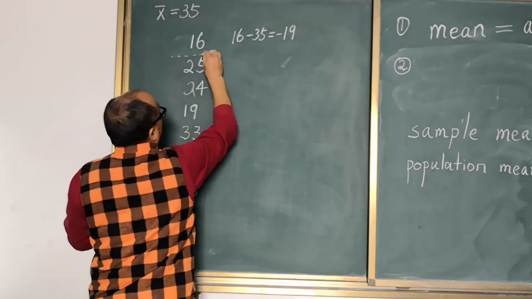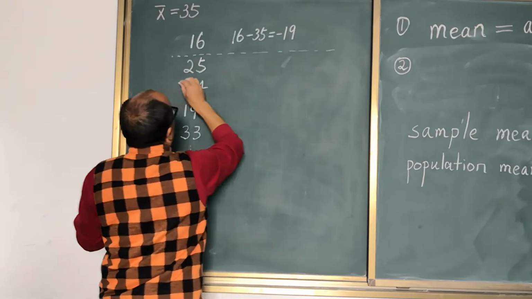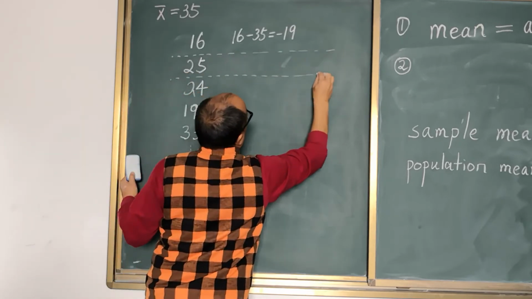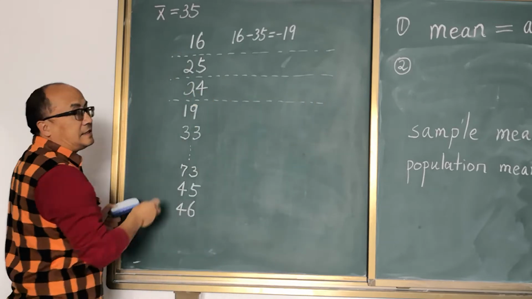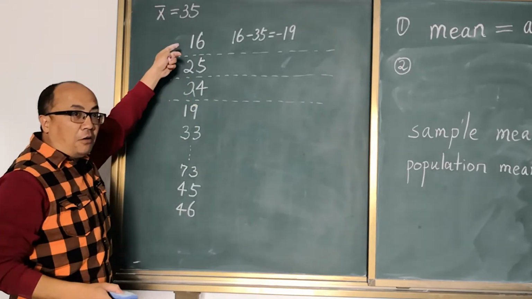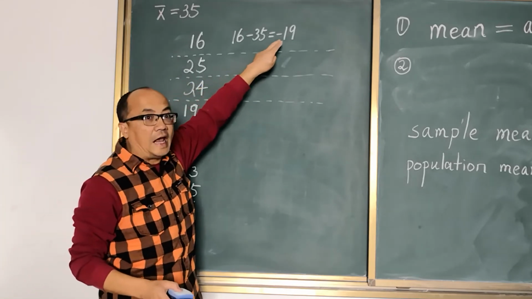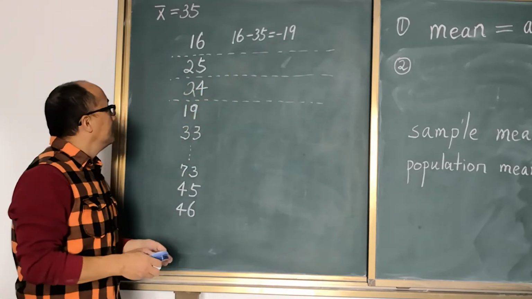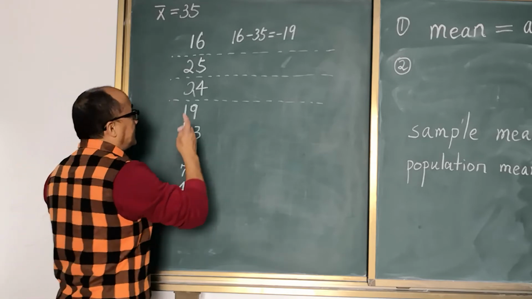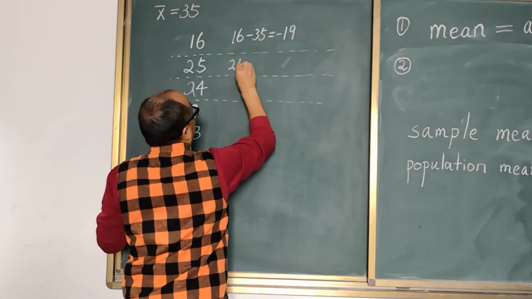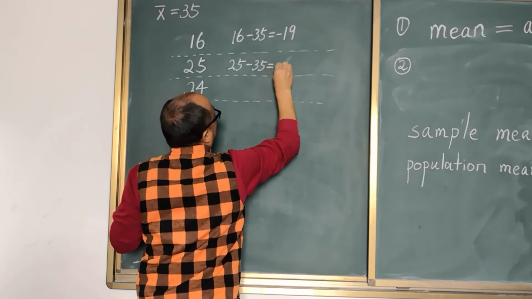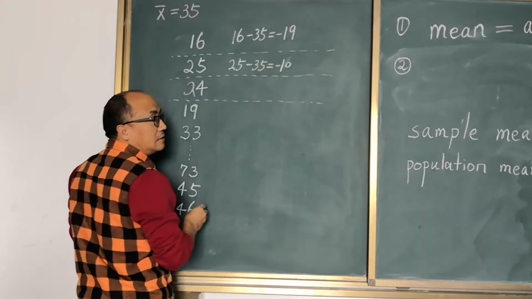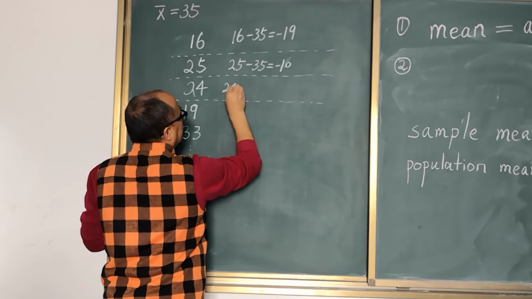So this season, his performance is below his average by 19. And how about this season? 25 minus 35, minus 10. How about this season?